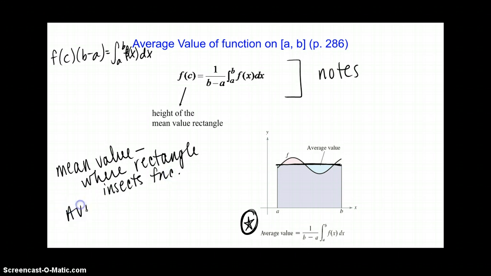The average value theorem gives us the height of the rectangle. So it tells us where to draw it. It doesn't give us any information about where it actually intersects the given function. So average value comes from this function, 1 over b minus a times the definite integral. Where the average value and the function intersect is the information we would get from the mean value.